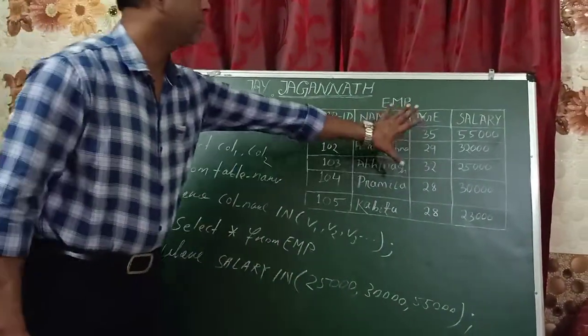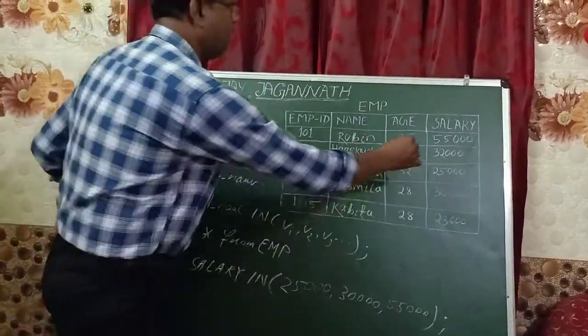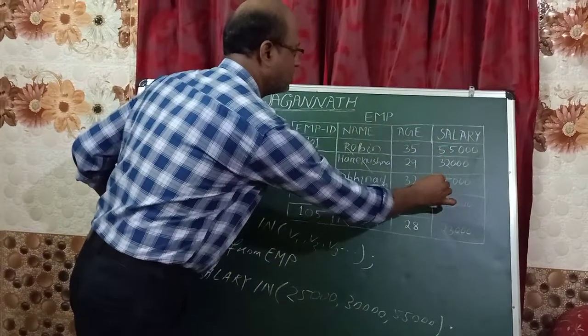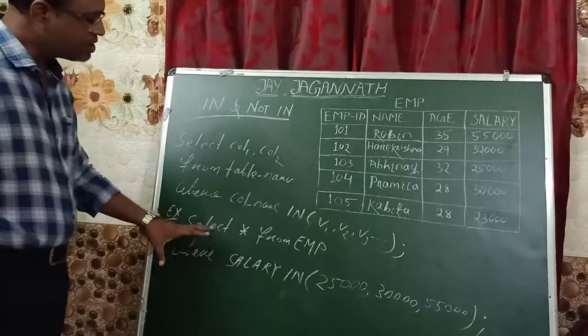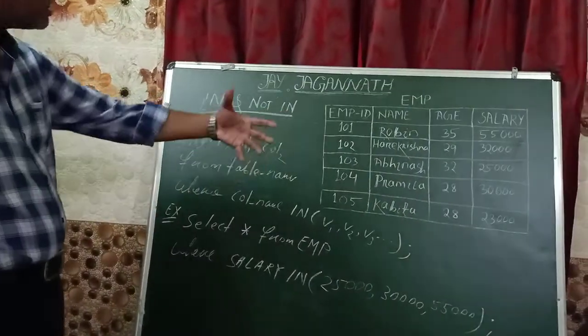So look at this figure. Here 55,000, 25,000 and 30,000. So here our intention is to retrieve all records and all columns.